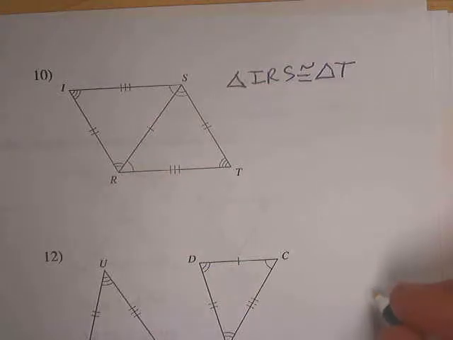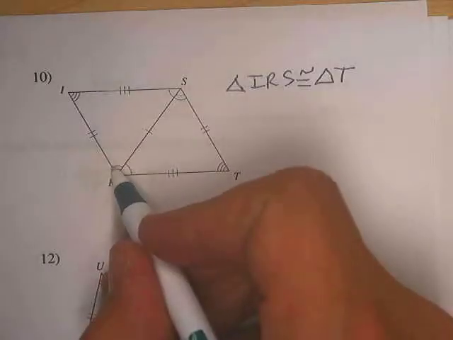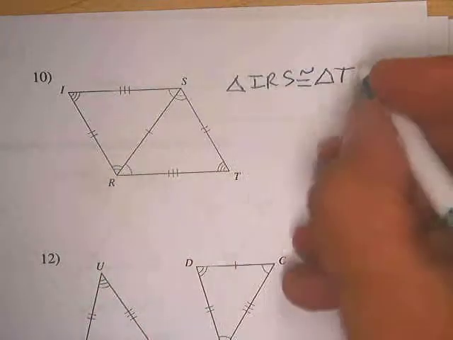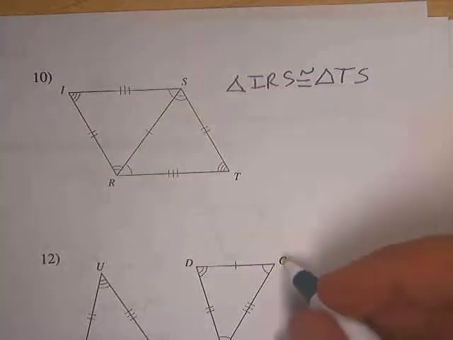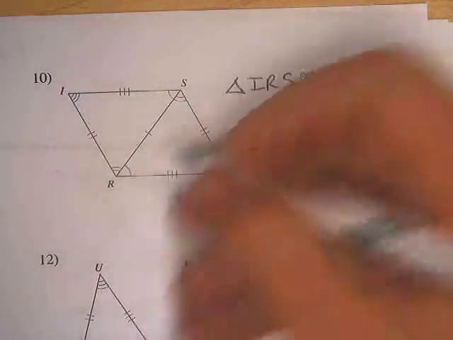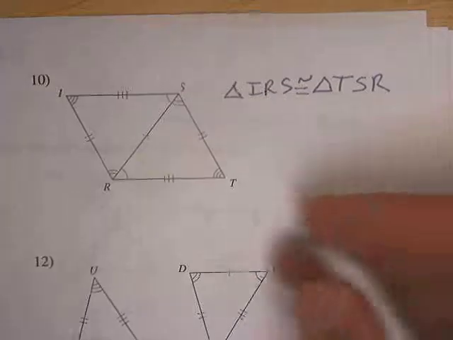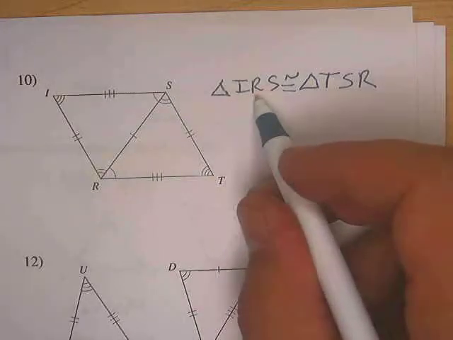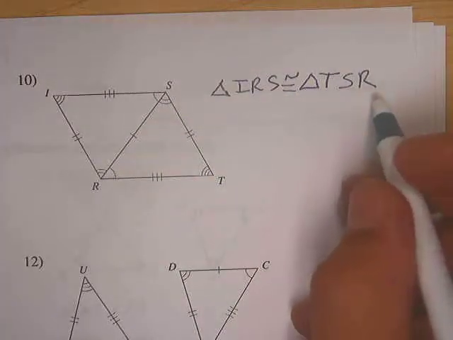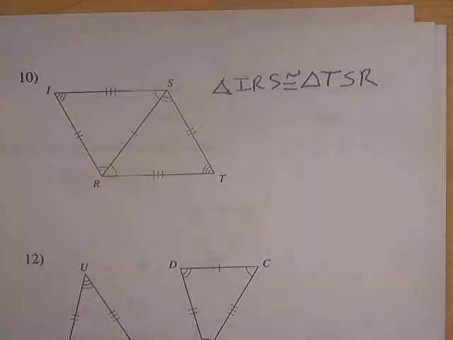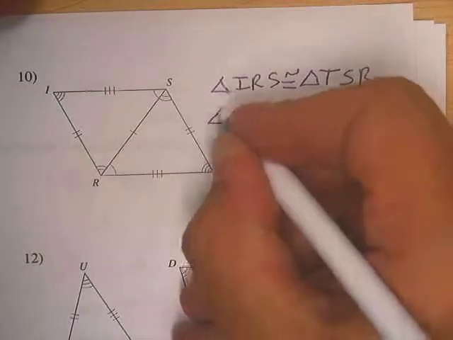It's congruent to, now if I look at I has 3 marks, T has 3 marks, so it must be T next. R has 2 marks, S has 2 marks over here, so this is S. And this S has 1 mark, this R has 1 mark. So your congruency statement should be triangle IRS, triangle TSR.